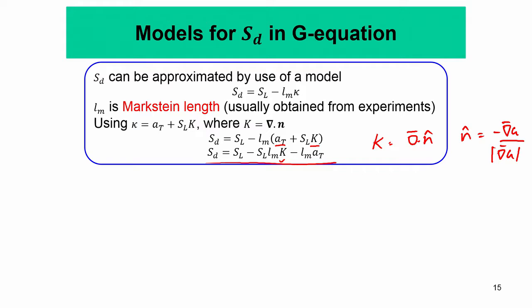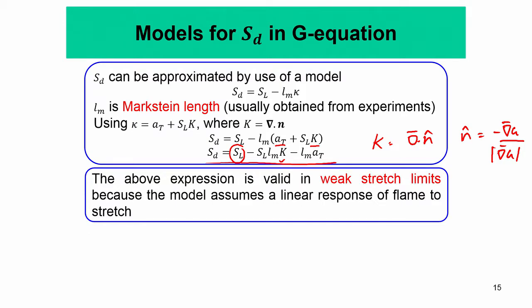To first order, the propagation speed depends on the planar laminar flame speed, but the local curvature and local tangential strain rates can cause deviation from it, and that needs to be accounted for in the model for the local propagation speed that goes into the G equation.